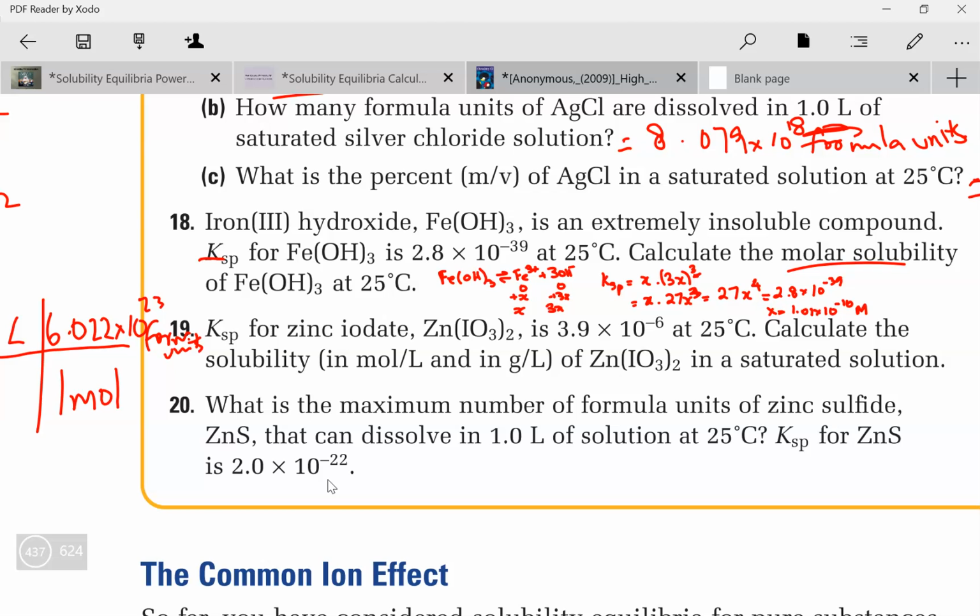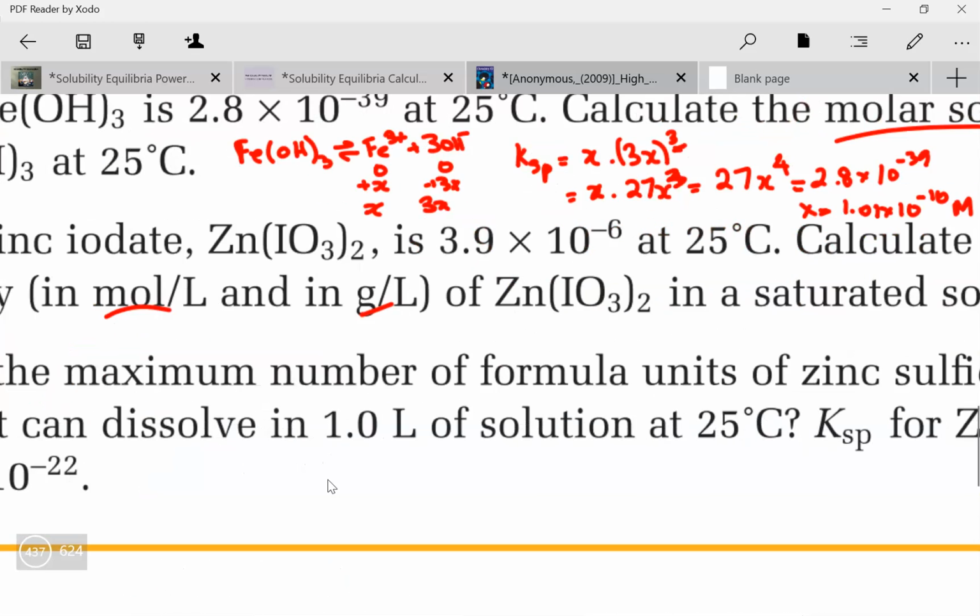Okay, the same idea in moles per liter and grams per liter. That's not too bad.